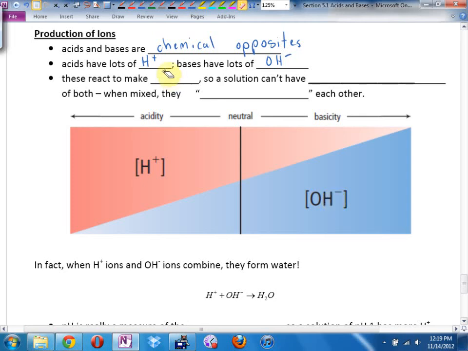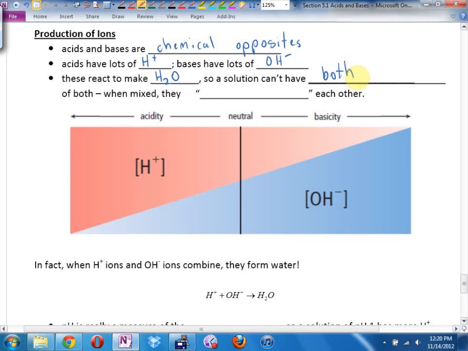These react to make H2O. And what that means is, because acids and bases start off dissolved in water, if you were combining an acid with a base, you can't have something that's both acidic and basic at the same time. They always cancel each other out. So a solution can't be both acidic and basic.